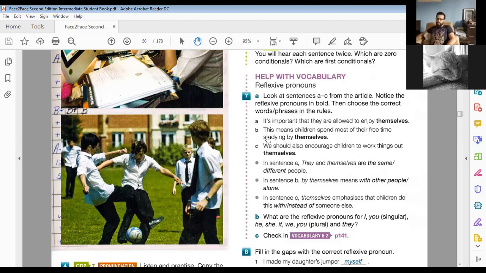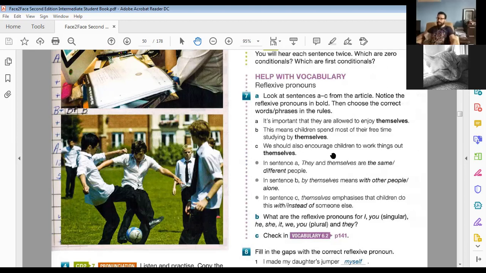All right, so now you have a few rules, 3 rules. So here you need to choose the right answer. Can you read the first one in sentence A? In sentence A, they and themselves are the same or different people. Mm-hmm. What do you think? Same.